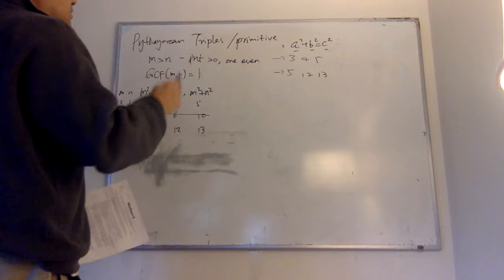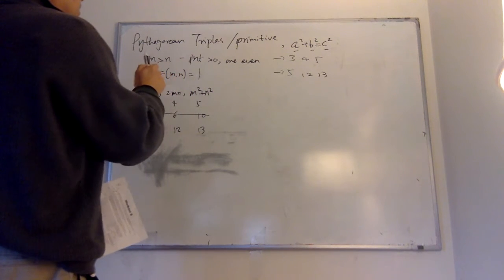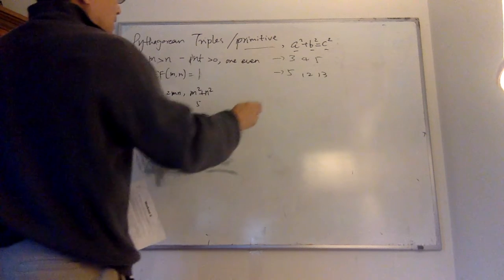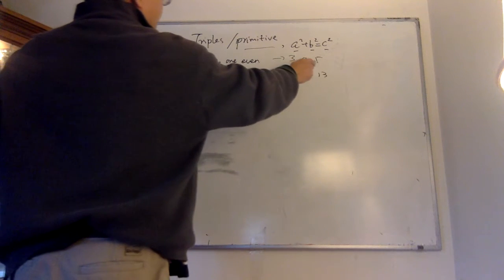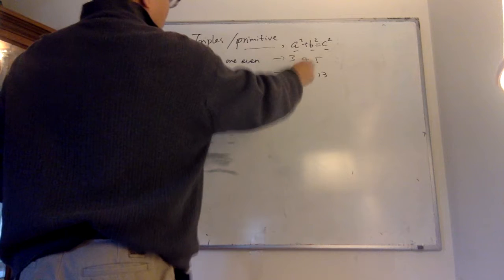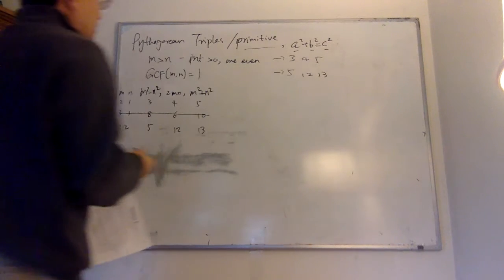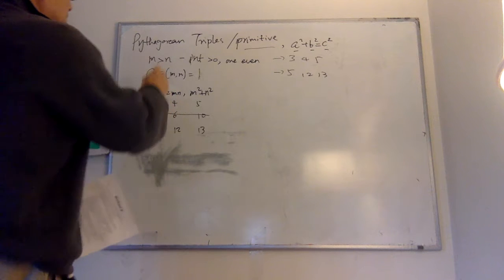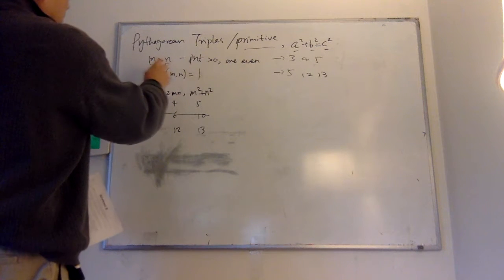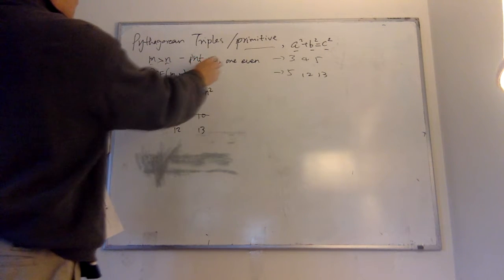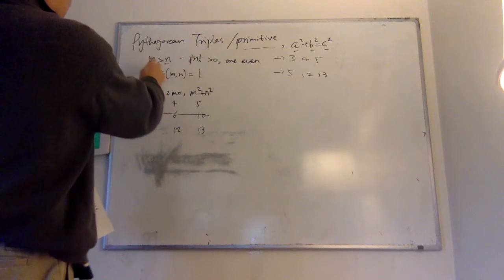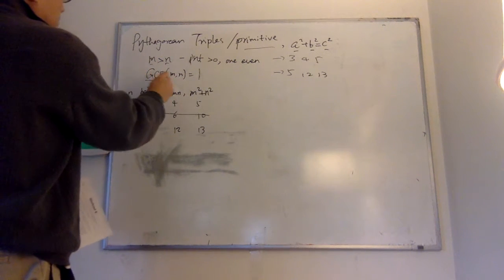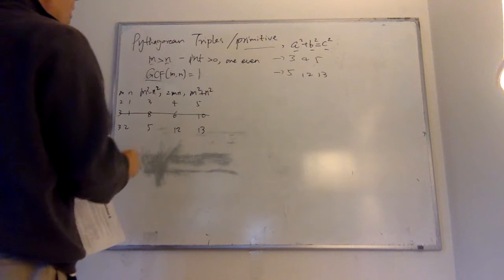There's a specific set of Pythagorean triples which are called primitive, which means they don't have a common factor besides 1 among all three numbers. The way to generate them is by using positive integers m and n, where one of them is even, and they are relatively prime, which means that the greatest common factor of m and n equals 1.